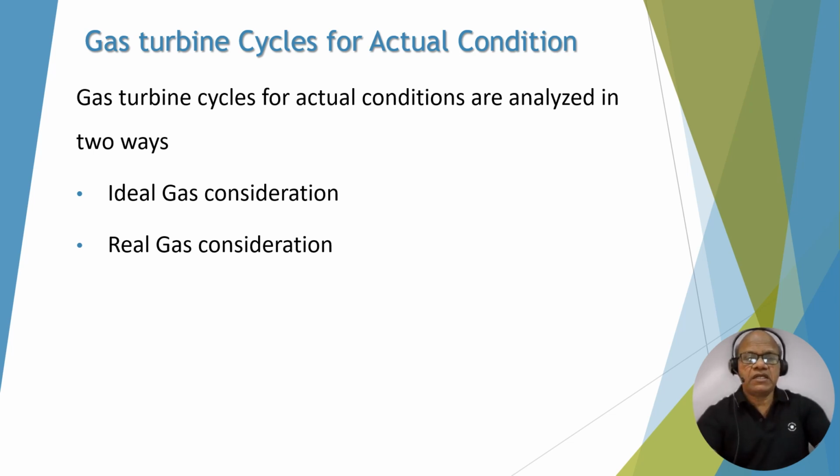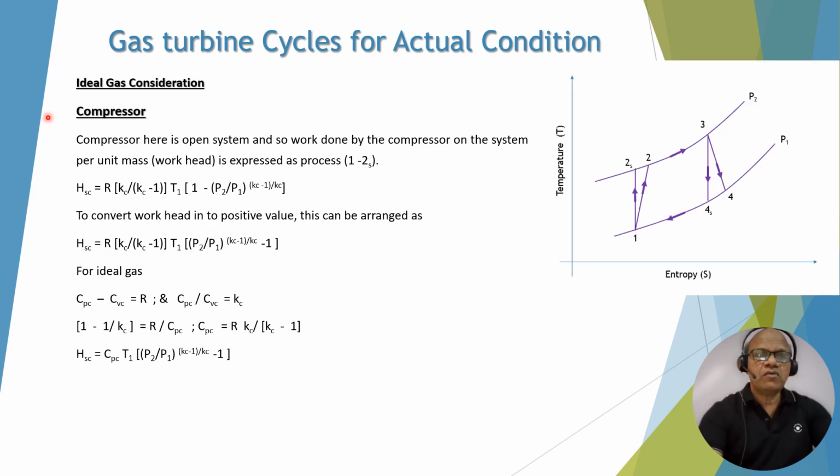Now we'll consider case number 1, that is, ideal gas consideration. In the TS diagram we have considered actual conditions. 1 to 2s is the isentropic compression and 1 to 2 is actual. Similarly, 3 to 4s is the isentropic enthalpy drop and 3 to 4 is the actual enthalpy drop for the turbine, and this is for the compressor.